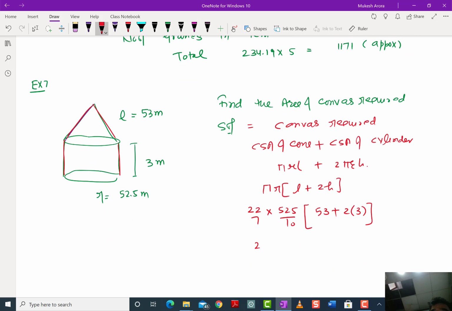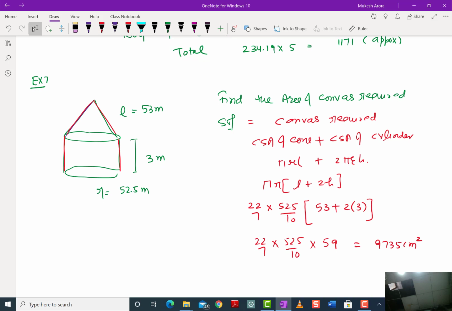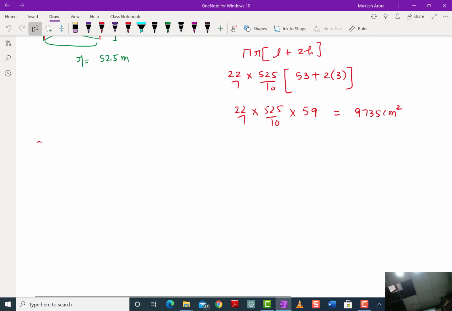So it will be 22 by 7 into 525 by 10 into 59, that will be 9735 centimeters square. When we say the curved surface area, it means the exposed part which we can see or which we can paint, right?